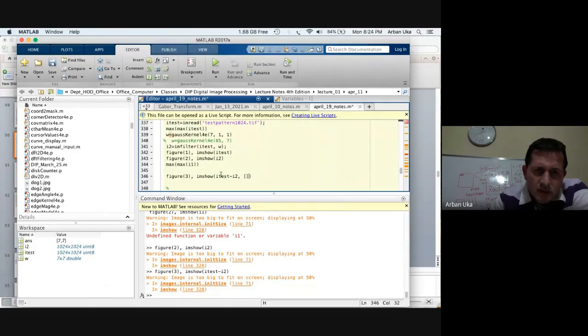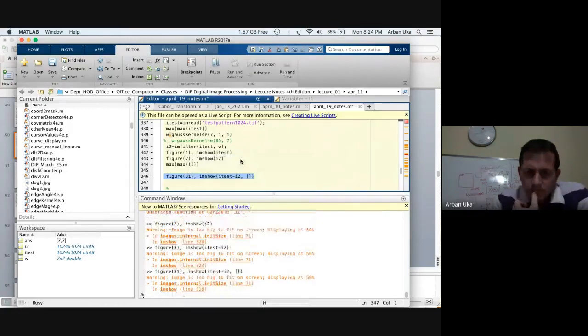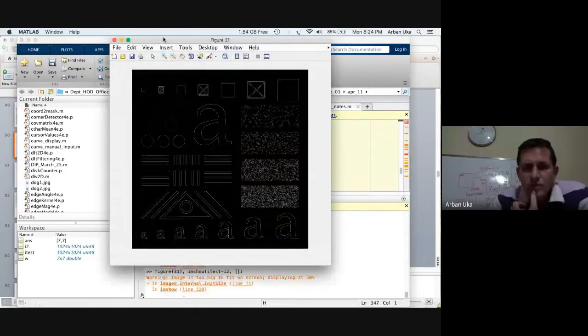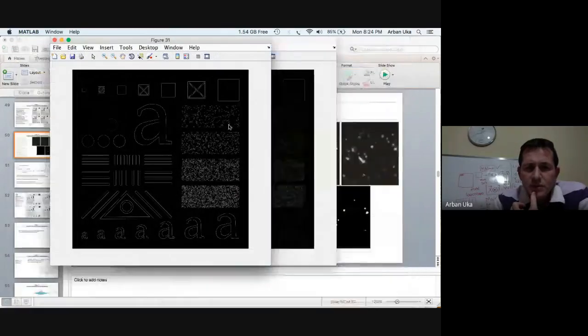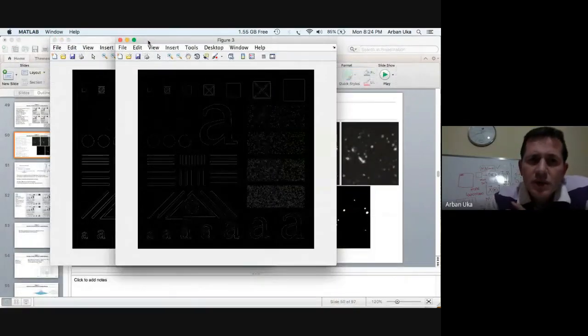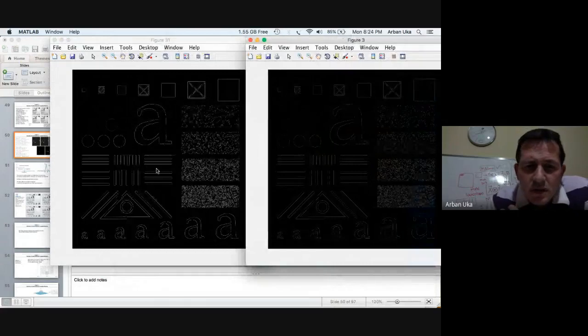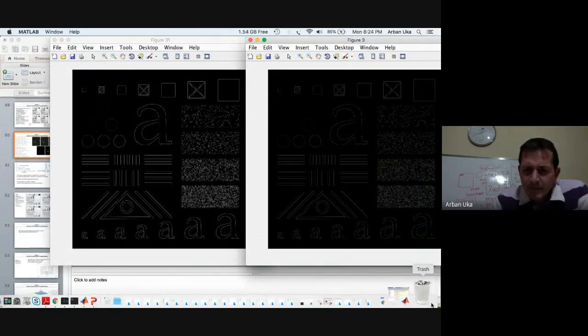Probably let me also try the following. Unsigned integer. Let's do this one, figure 31. I'm not sure which one looks better, this one or this one. This one looks a little better because we just stretched out everything.